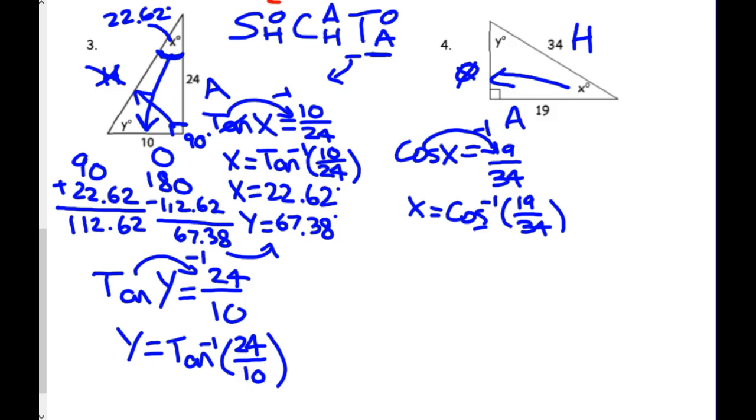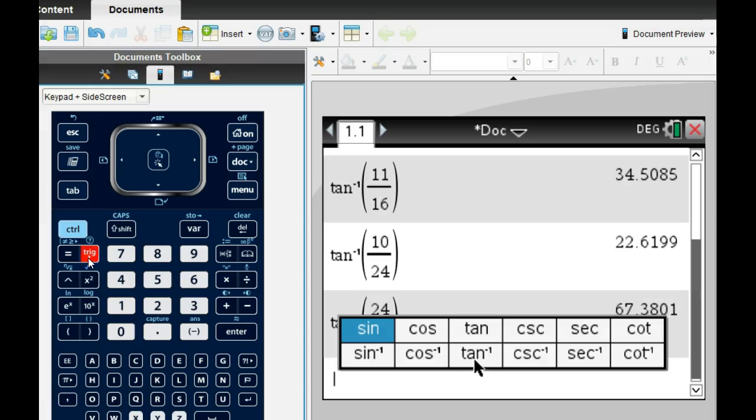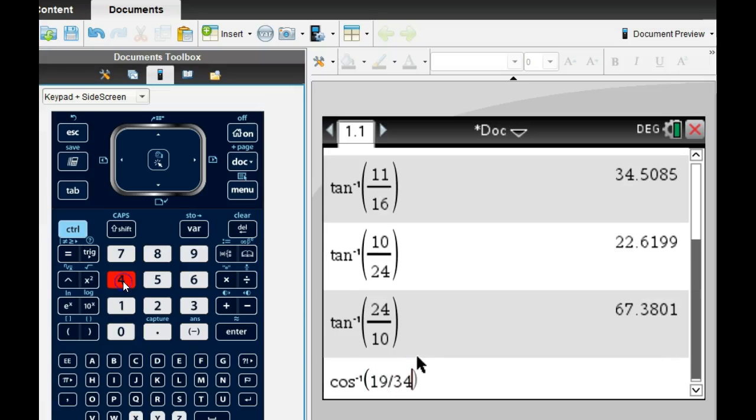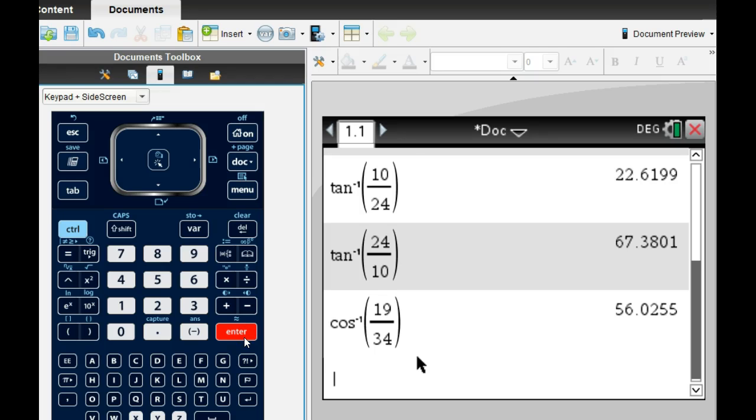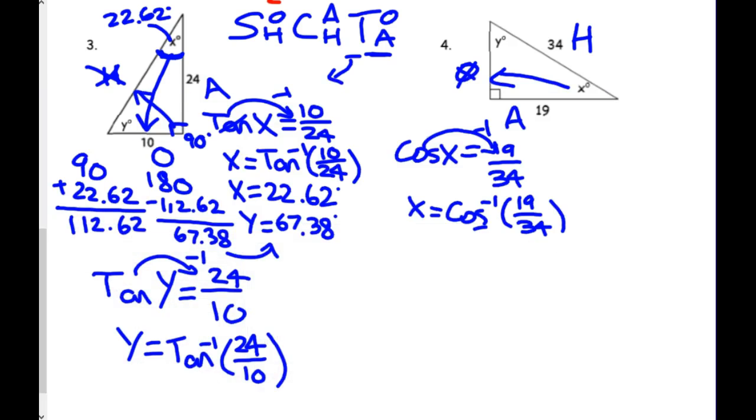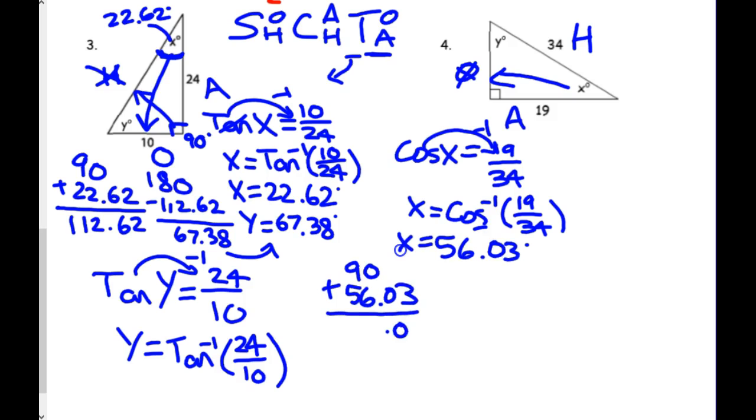Let's type that in. We get 56.03. And then we're going to add that with 90 and get 146.03. Subtract that from 180, and we're going to get 33.97.